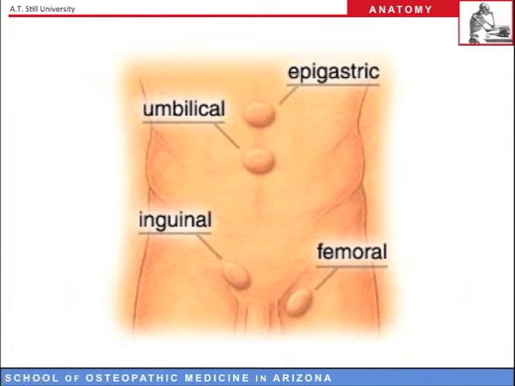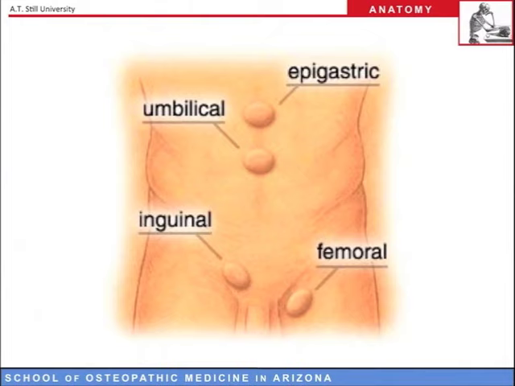So, the femoral hernias will occur inferior to the inguinal ligament, which would be right about there. So, femoral hernias inferior to that inguinal ligament, and they will follow the path of the femoral vessels, whereas the inguinal hernias occur superior to the inguinal ligament, and they account for about 75% of abdominal hernias.